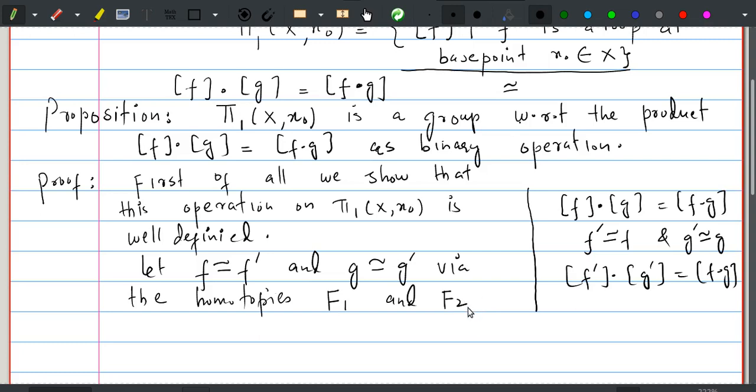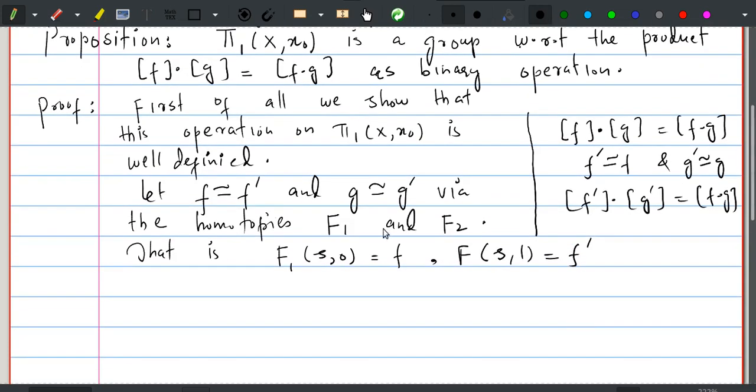This means F1(s, 0) is little f, and F1(s, 1) is little f prime.